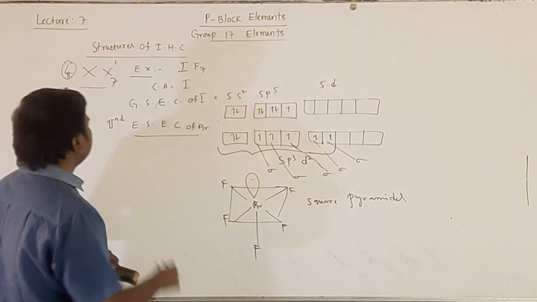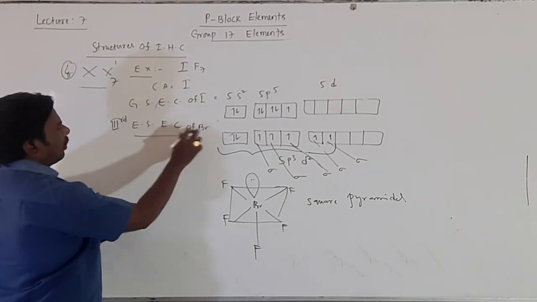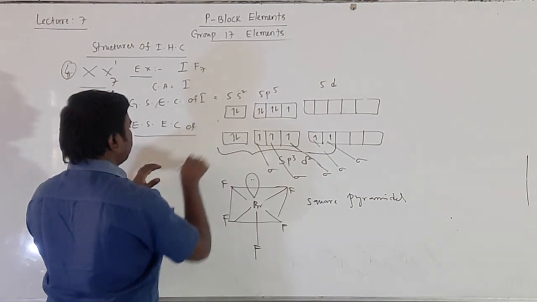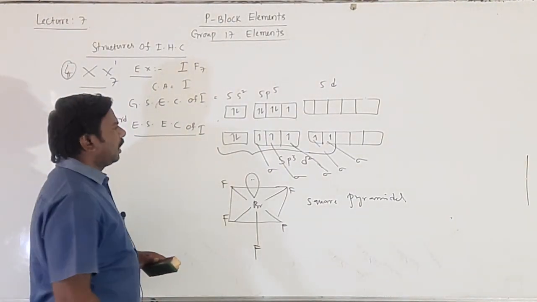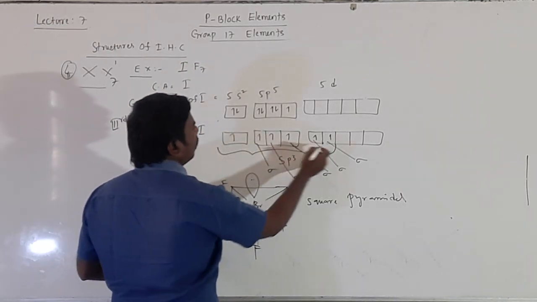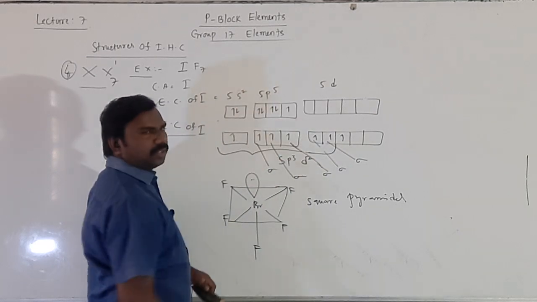Now the third excited state electronic configuration of iodine: this electron also jumps, first one, second one, third one, totally 3.